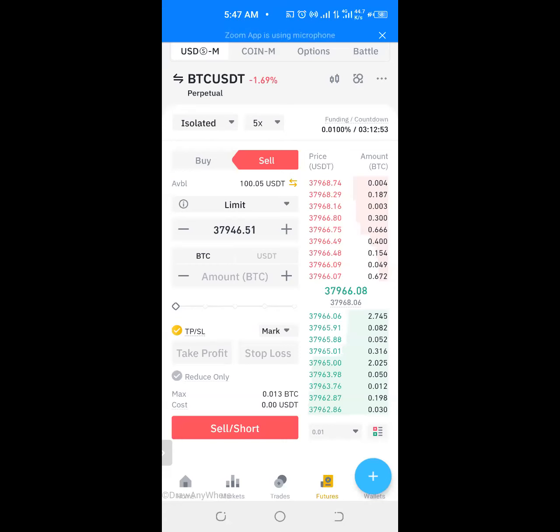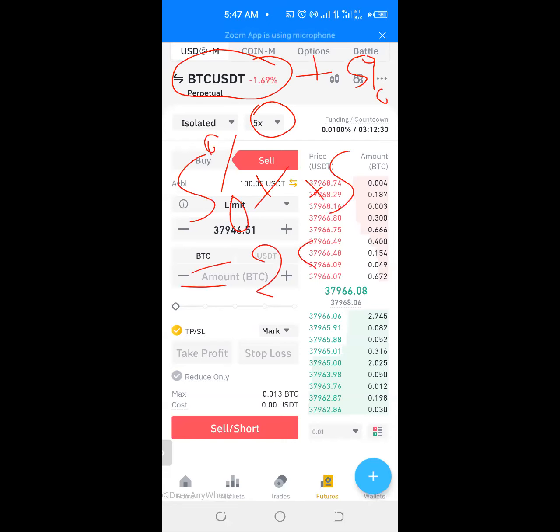Now, if you use leverage, for example, you buy Bitcoin right now and Bitcoin goes up plus 5%. Your reward for the speculation will be 5% times 5x, so your reward is 25% of the amount you used to speculate.